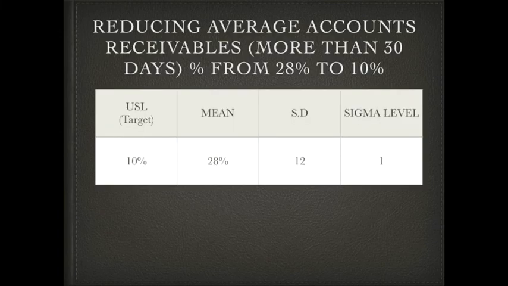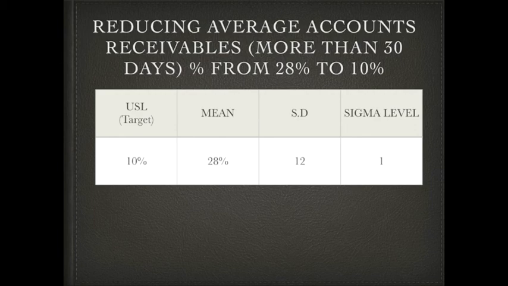The topic I have selected is reducing the average accounts receivables more than 30 days percentage from 28% to 10%. As we all know, this is one of the major financial indicators for any organization: to reduce the days to receive the accounts receivables, or to receive them as fast as possible.